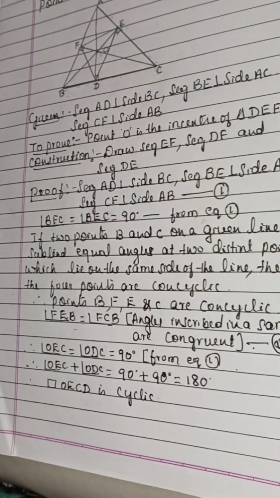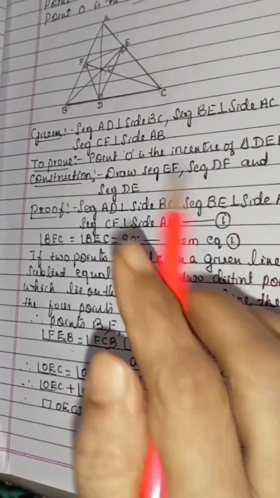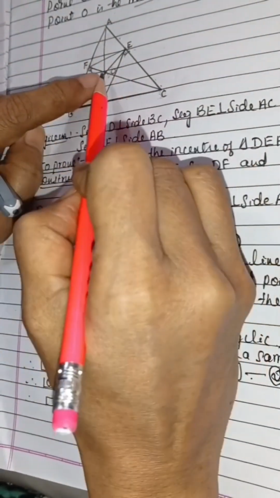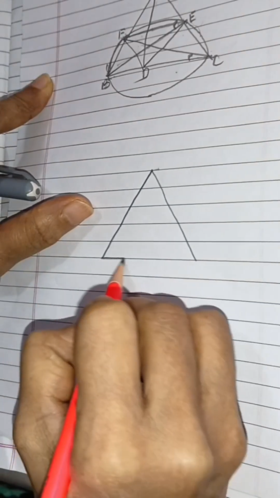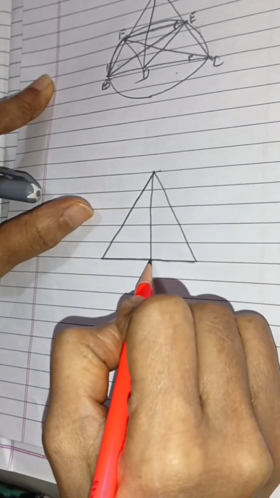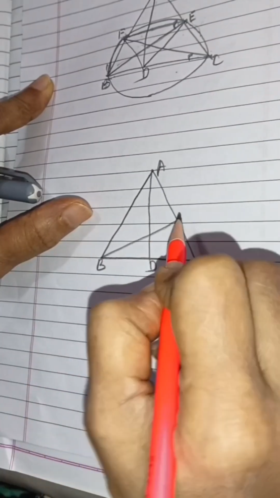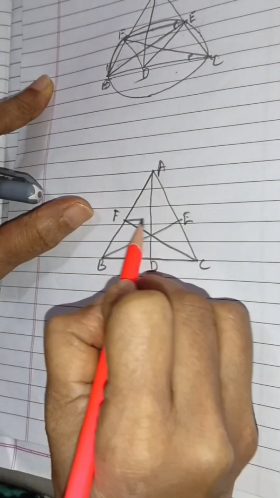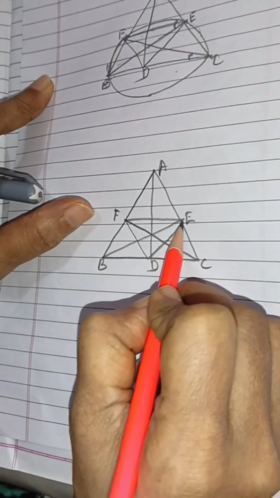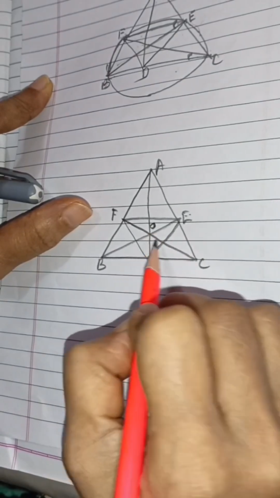Again now we'll draw here. OECD is cyclic. Again we'll draw one figure like this to understand in a better way. This is A, B, C, D, and this is E, and this is F. We have constructed D, E, F. This is O, the center.